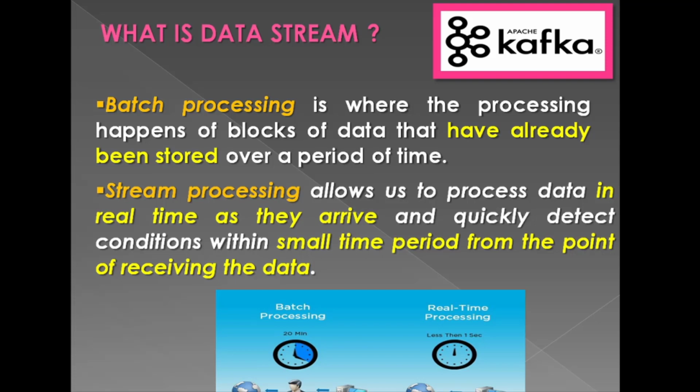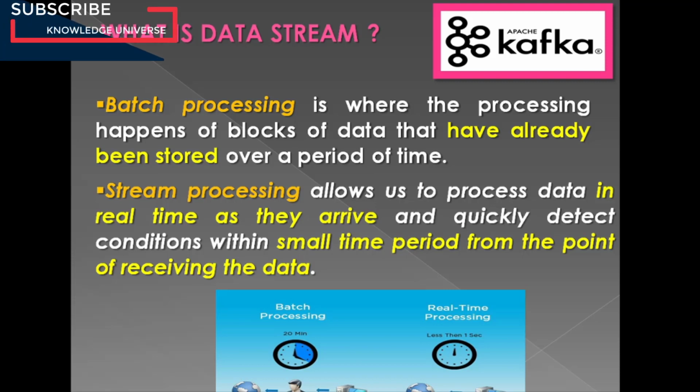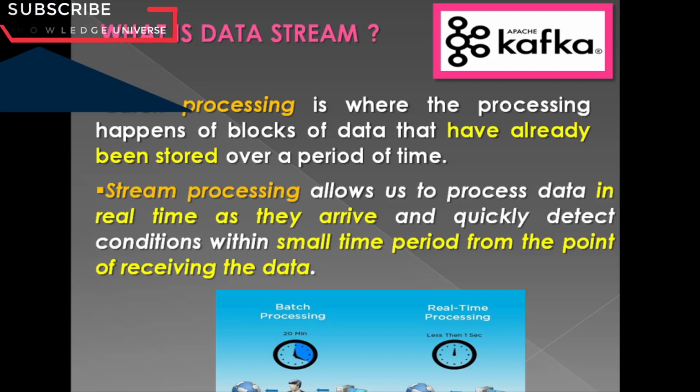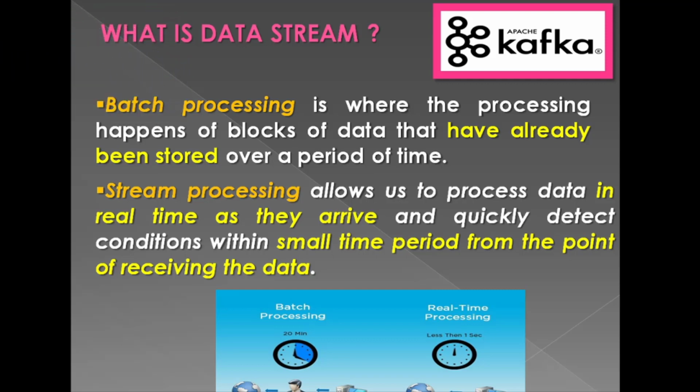The second way is stream processing. Stream processing allows us to process data in real or near real time as they arrive and quickly detect conditions within a small time period from the point of receiving the data.